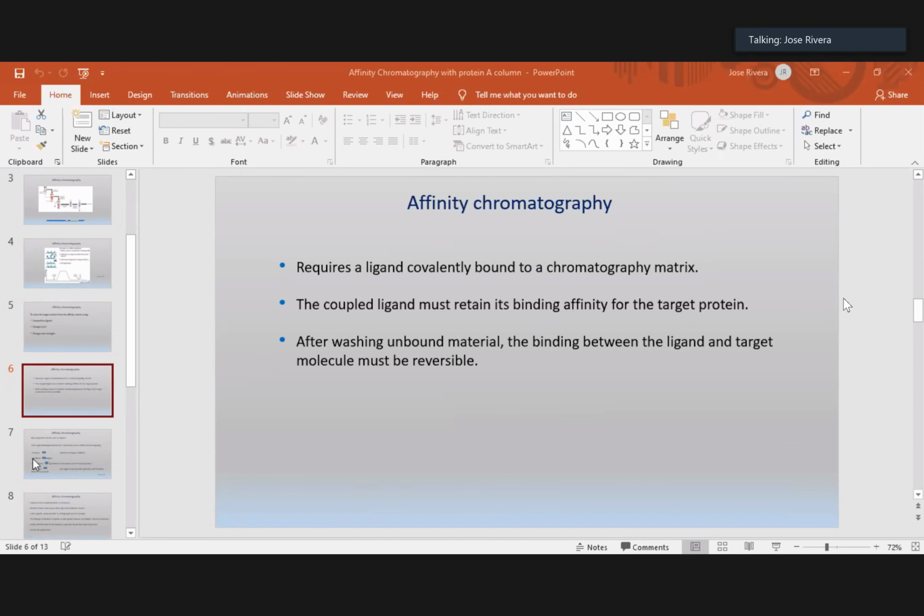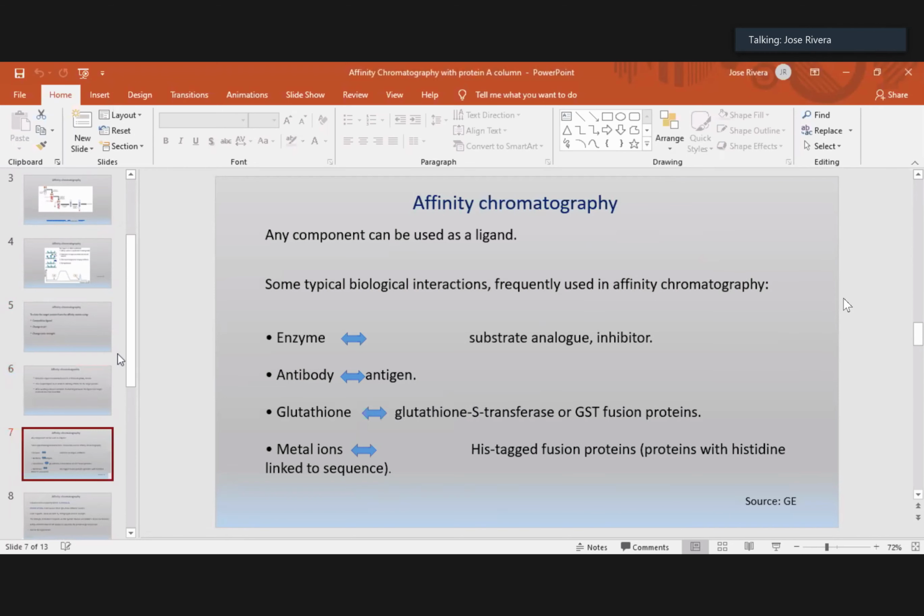Okay, so in our case, protein A is the ligand. But there are some other things that are used, like antibody-antigen interaction. So you can think of protein A as an antigen. So protein A is the antigen for the IgG.